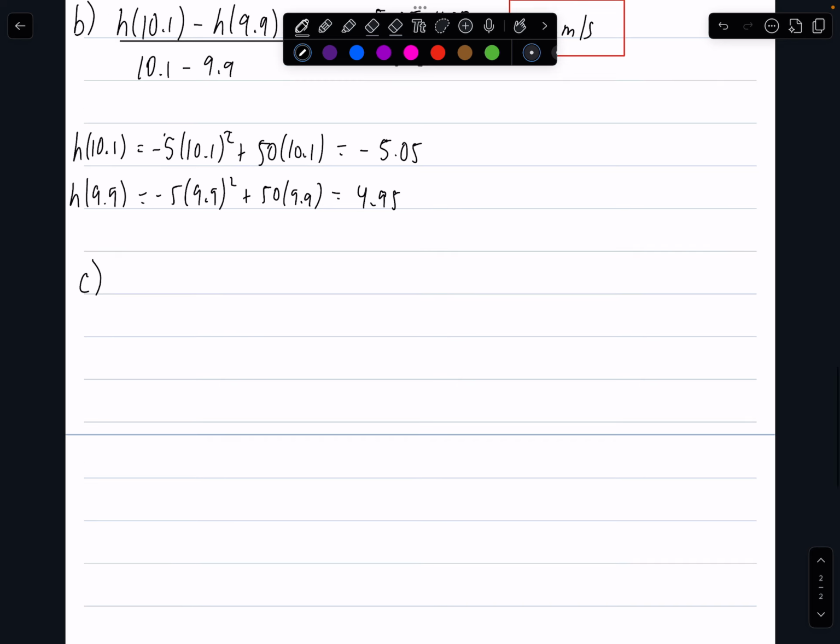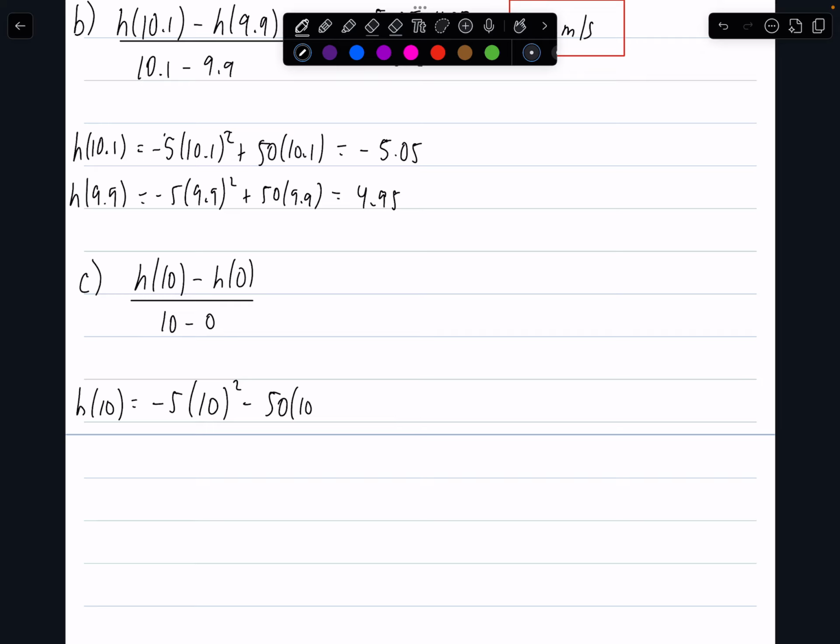So now we're going to do the AROC at 10. So we're going to have h at 10 minus h at 0 over 10 minus 0. So let's do h at 10, which is negative 5 times 10 squared plus 50 times 10. So this becomes negative 1,000.